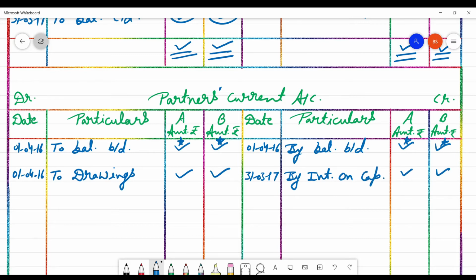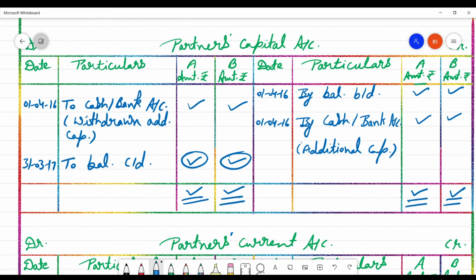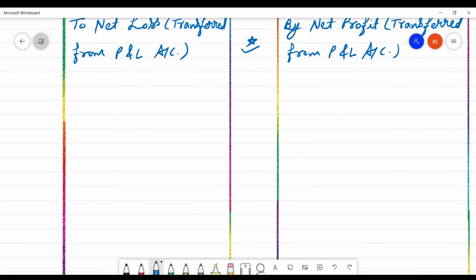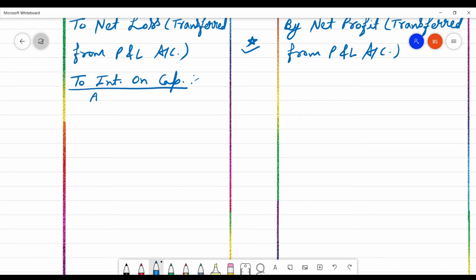And the second entry will be transferred to the P&L appropriation account's debit side, to interest on capital, respected partners, and the total will be posted outside.